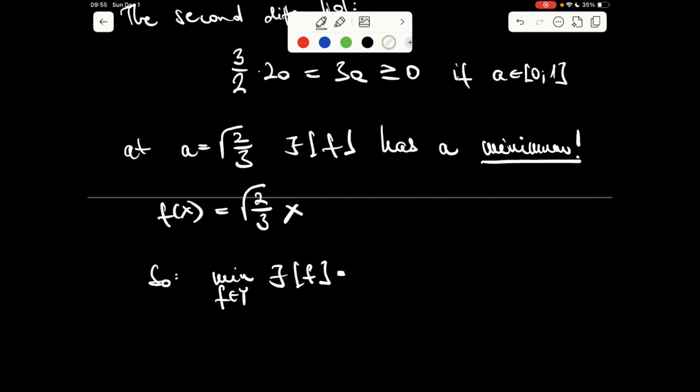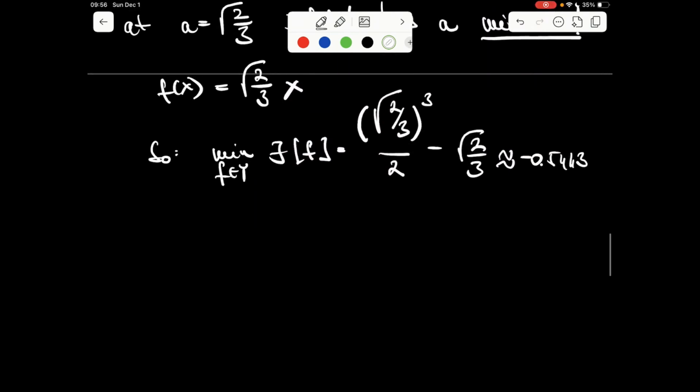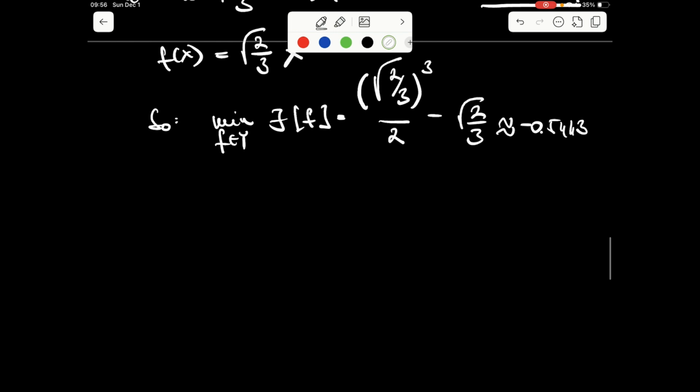Okay, so we calculate the functional, which is minus 0.5443 or something very close to it. Okay, so we have a minimum, and for the same reason we have a maximum due to the Weierstrass theorem.